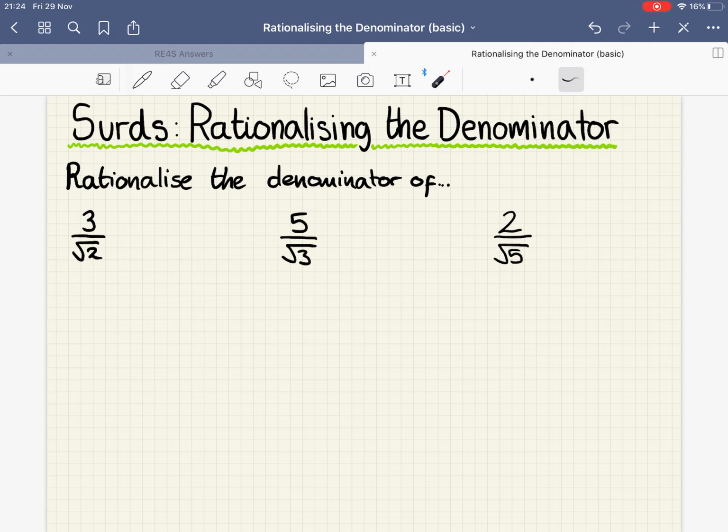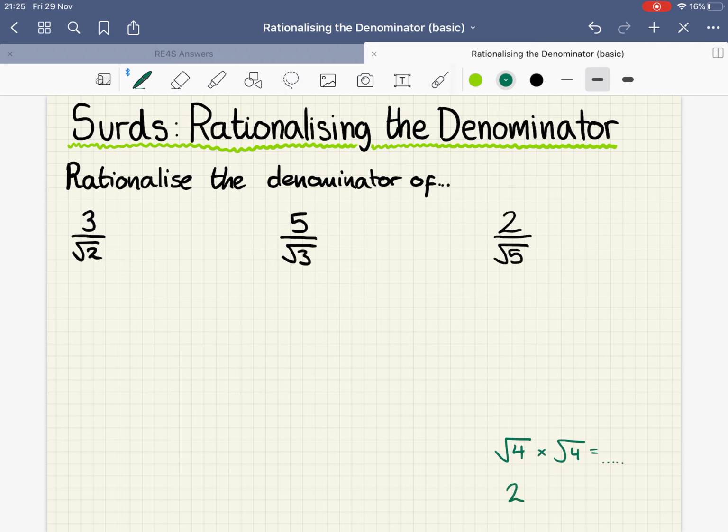So what it's actually asking for is we don't like having these surds on the bottom. They're irrational, we can't really easily divide by them, so we want to get rid of them. And in order to do that, one example that I like to use in order to explain why this trick works is if we think about the square root of 4 times the square root of 4, we need to think what we might get here.